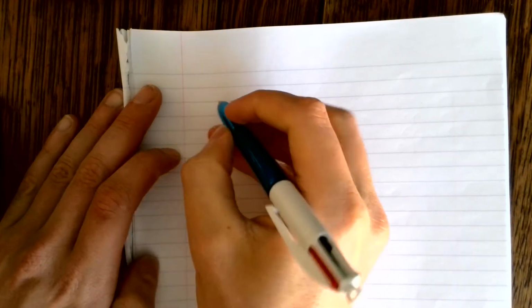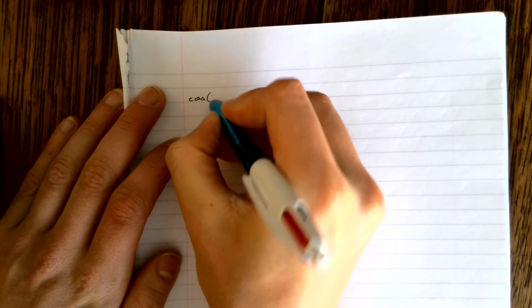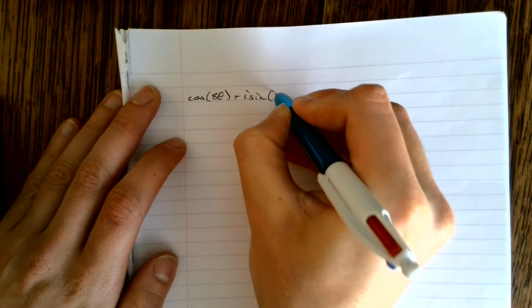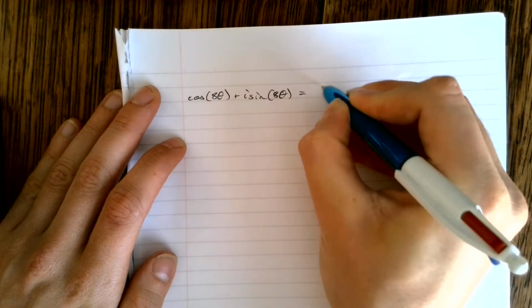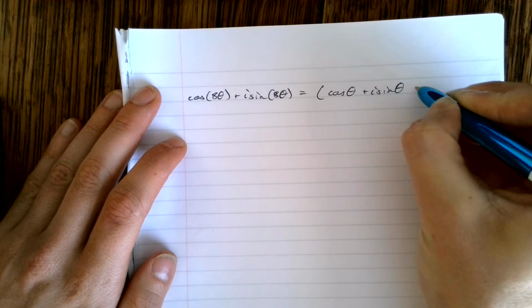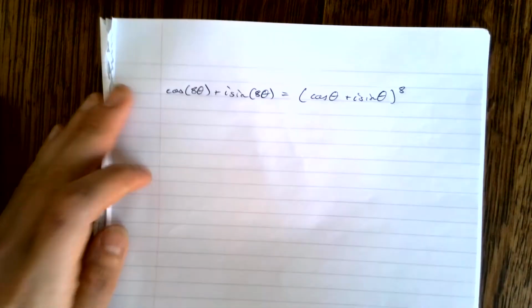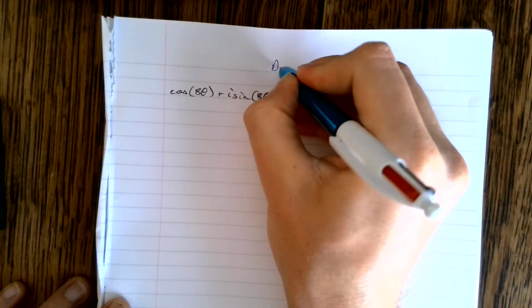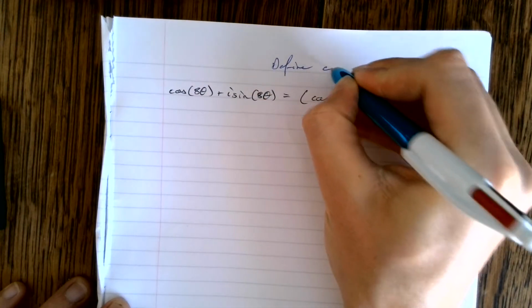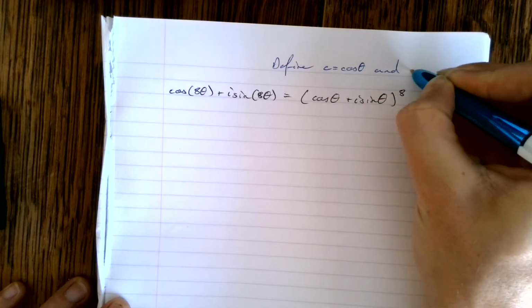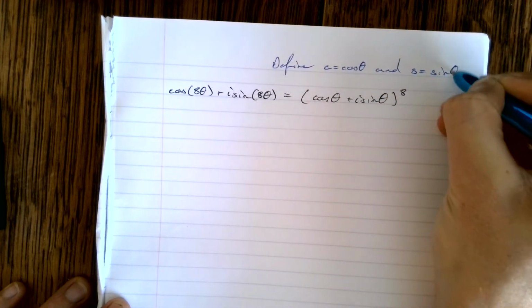We have, by de Moivre's theorem, that cos of 8 theta plus i sine of 8 theta equals cos theta plus i sine theta to the power of 8. Now, first tip is to define C equals cos theta and S equals sine theta.